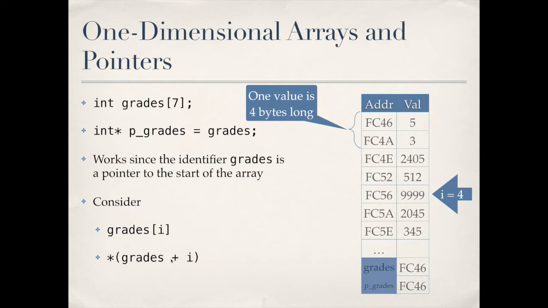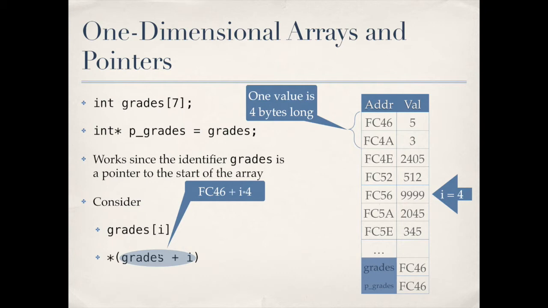When we add some value to grades, and we treat this as an address, and then we say, okay, what value is at this address in our memory? This is the meaning of the star. Okay, just see what happens here.